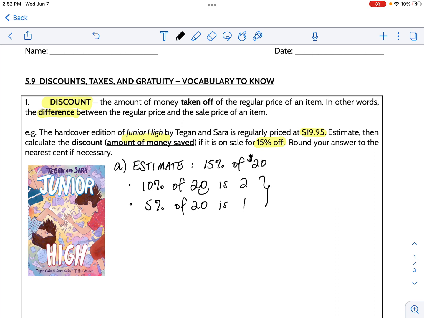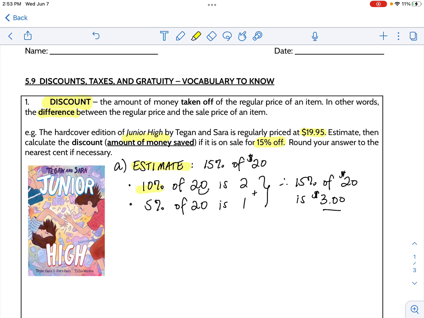So if I add those two together, 15% of $20 is $3. Whatever my answer is when I'm calculating 15% of $19.95, I know it's going to be around $3. So again, do your estimate.